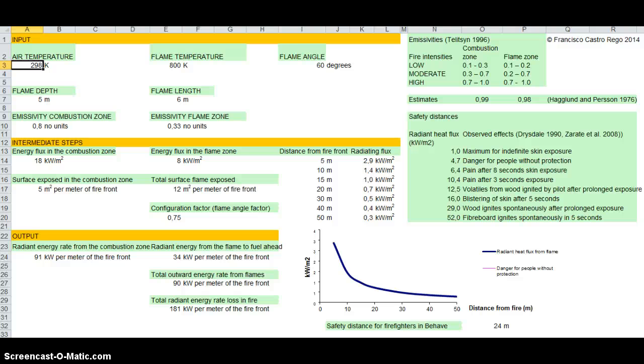In this spreadsheet, you will be able to play with some inputs for flame radiation and try to estimate some outputs.